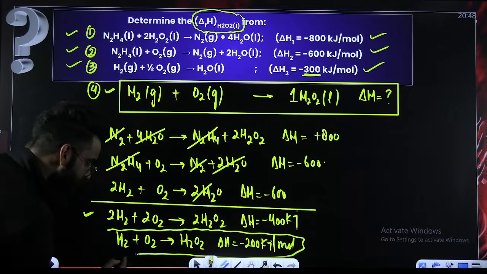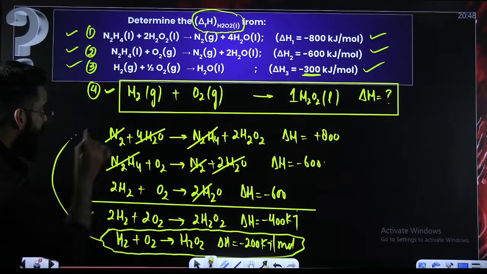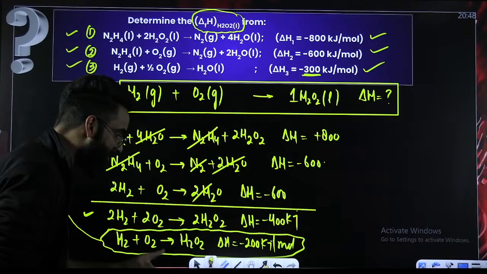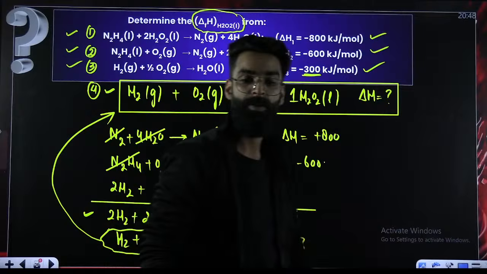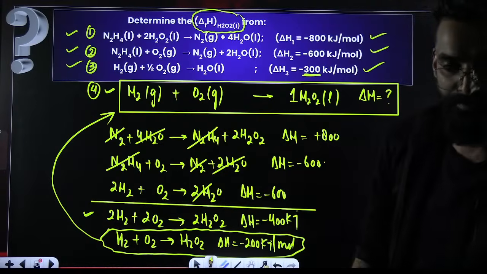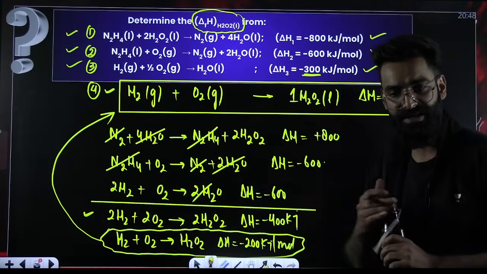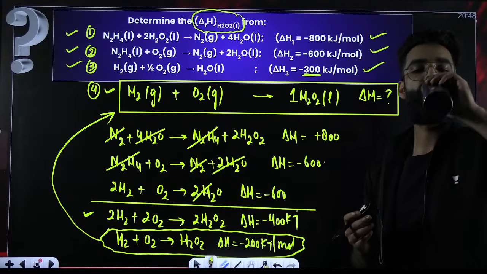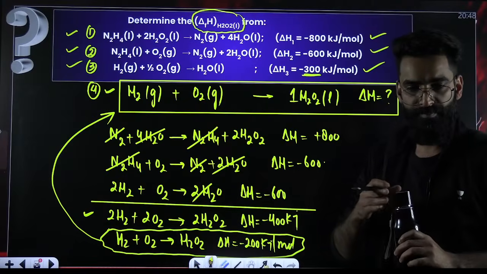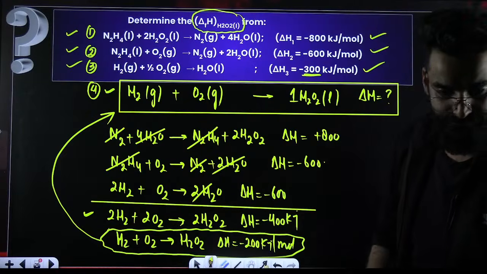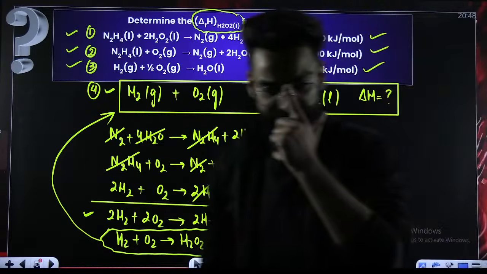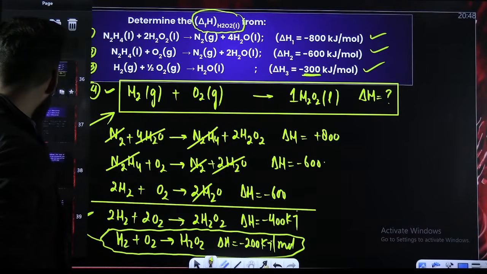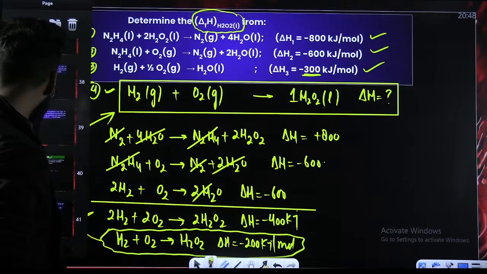Did we make the reaction whose delta H was to be calculated? Yes, we did, and delta H came out to be minus 200 kilojoules per mole. I believe this is clear to everyone. Is it clear, people?